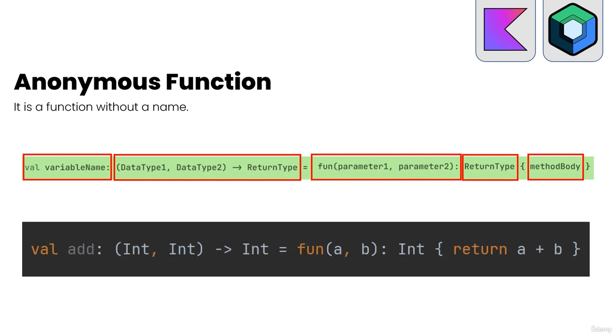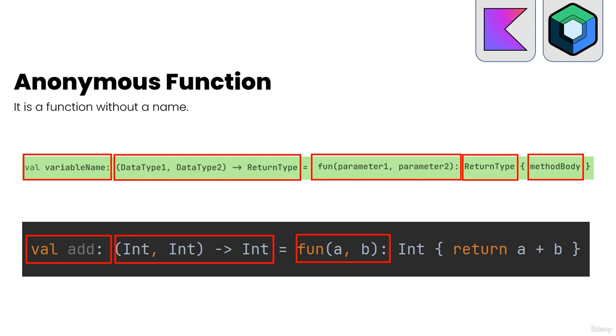For example, we have this anonymous function val add. This is the name of the variable. The parameter types are integer and integer, and the returning type would be an integer. The function, fun, there is no name for this function. Fun, A and B. These are the parameters according to the data type.